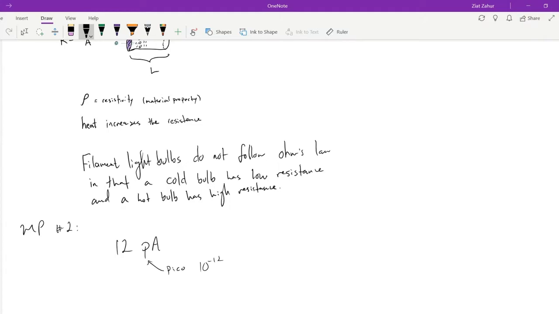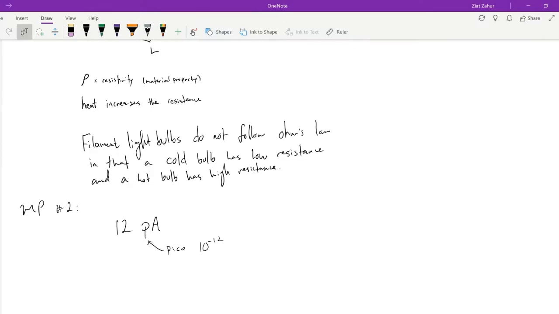So this is 12 times 10 to the -12 amps. How many electrons per second flow through the wire?